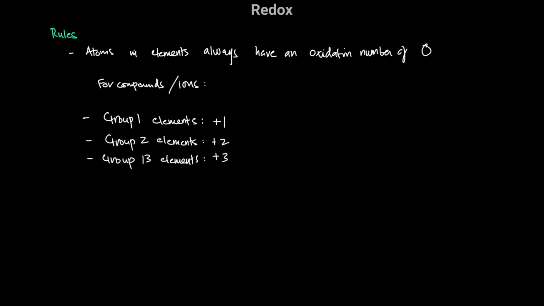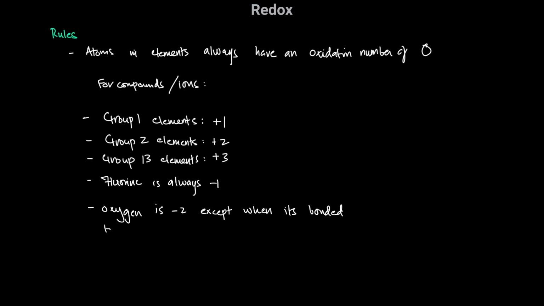Fluorine will always have an oxidation number of -1. Not all the group 17 elements will always be -1, but fluorine will always be -1. Then oxygen is -2, except when it's bonded to fluorine, or in peroxides.